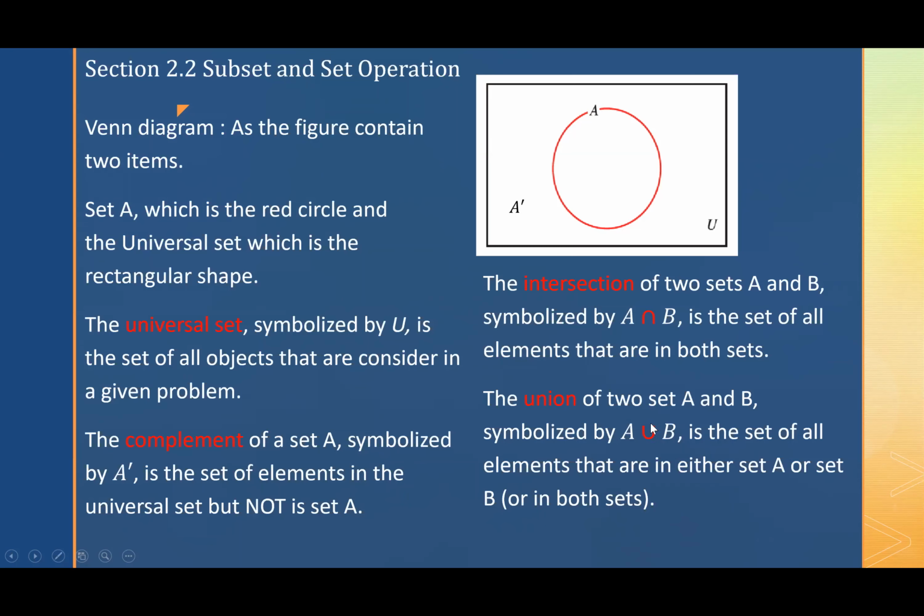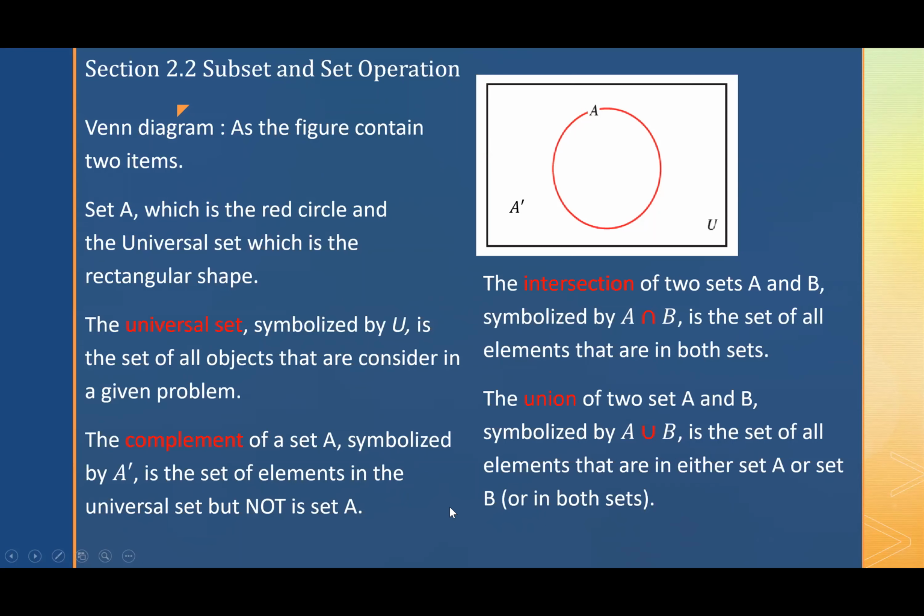The union is very flexible: all you need to do is take the items inside A and put them together with the items inside B. That's your union. And again, the intersection is what they have in common, meaning the items where they overlap only, okay? The union, combine them; the intersection, what they have in common, okay?